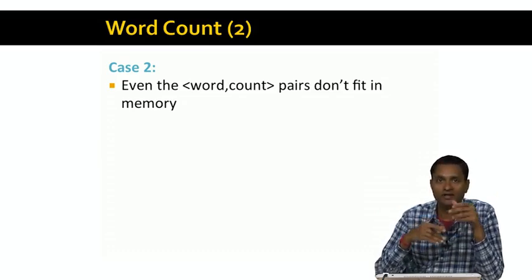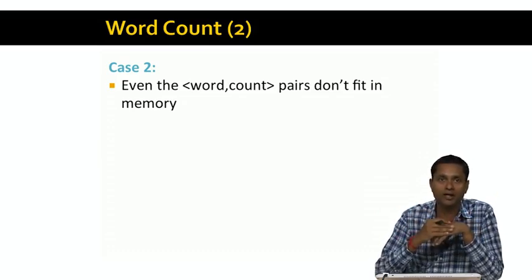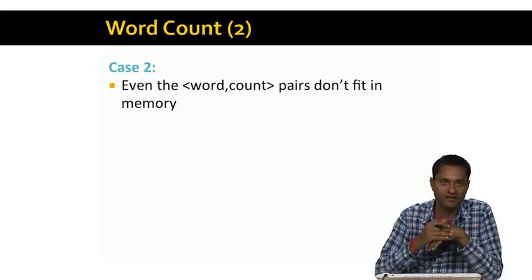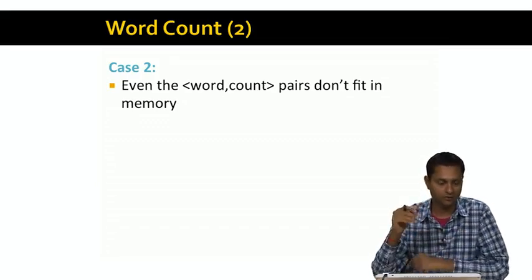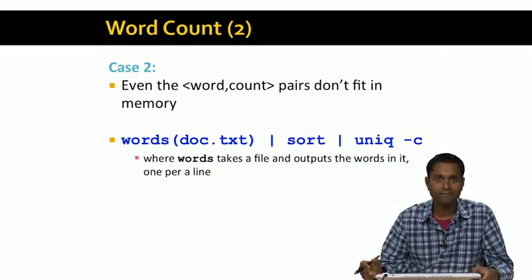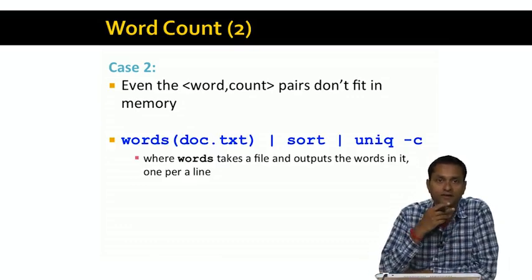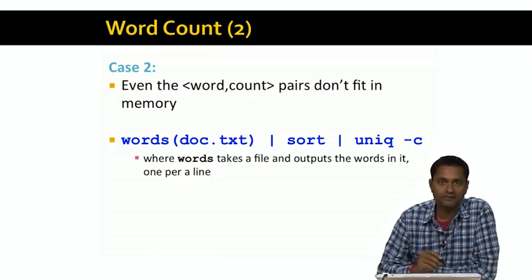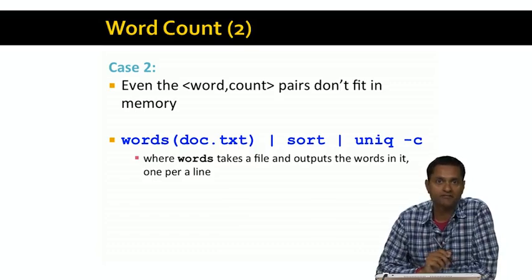Well, you could try to write some kind of complicated code, but I'm lazy, so I like to use Unix file system commands to do this. Here's how I would go about doing this. This is a Unix command line way of doing it.